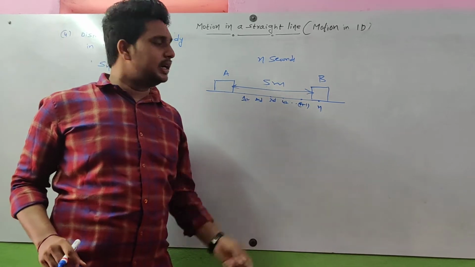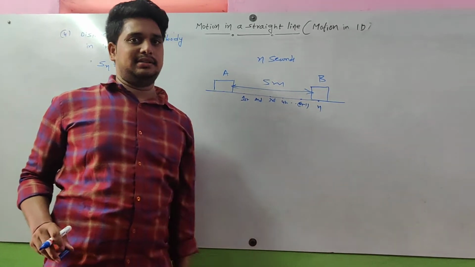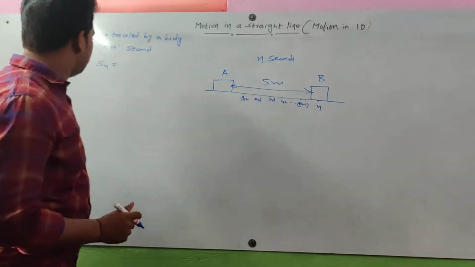What do we need to find here? Distance traveled in the nth second. How do we get the distance traveled in the nth second?